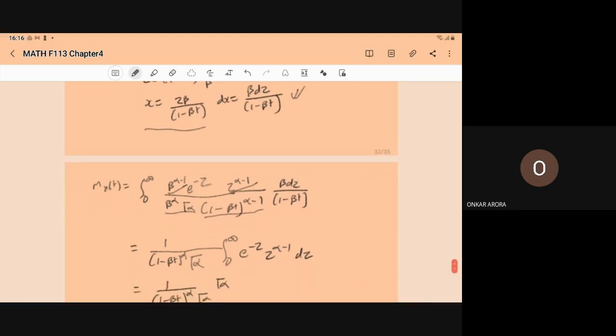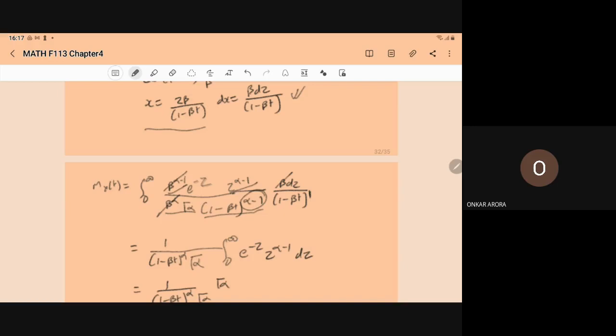So when we combine all these, in the denominator we have 1 minus beta t to power alpha, right? Here we have alpha minus 1 and here we have 1, so it will become 1 minus beta t to power alpha, then gamma of alpha, and here beta to power alpha minus 1, and this beta will cancel with the beta to power alpha.